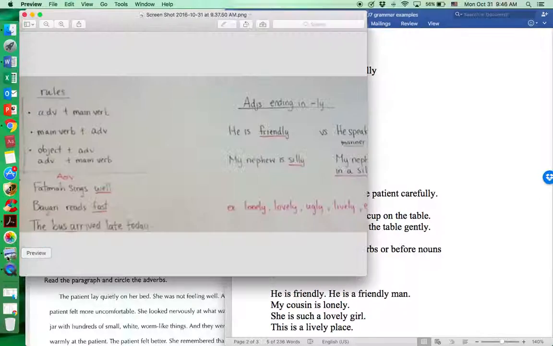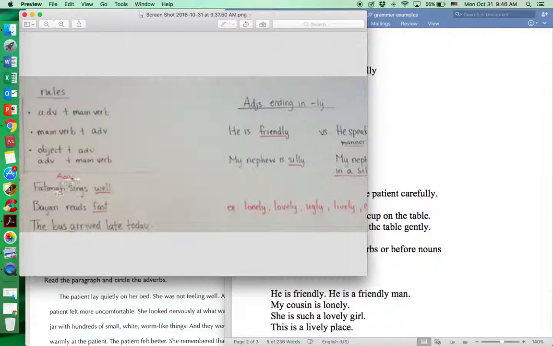As we see in this rule here. We have main verb plus object plus adverb, or we might have adverb and then main verb and then object.